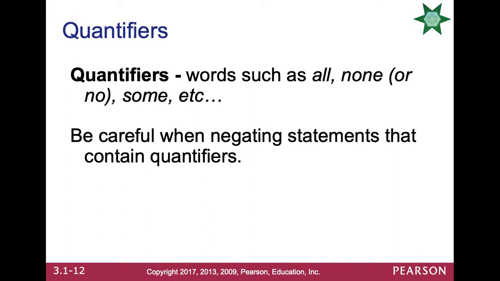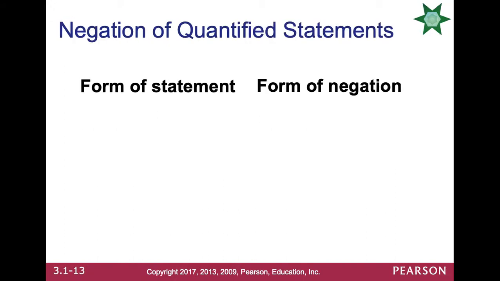Caution: be careful when negating statements that contain quantifiers, because we have to play around with that a little bit to make it work. So a statement, all lakes contain fresh water. The negation, not all lakes contain fresh water. So if I'm going to negate quantified statements, then I have to be careful on how I define those negations.